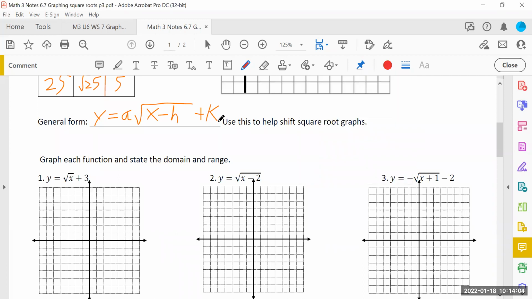K shifts us up and down. H moves us left and right. And again, that one's always the opposite of what you think because of the minus sign. So K is up and down, H is left and right.